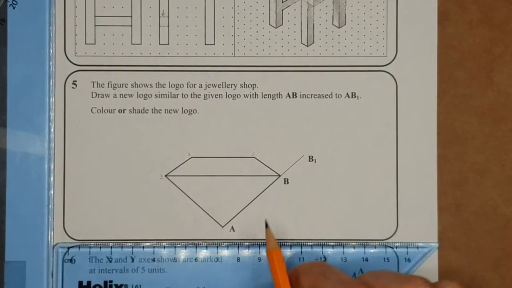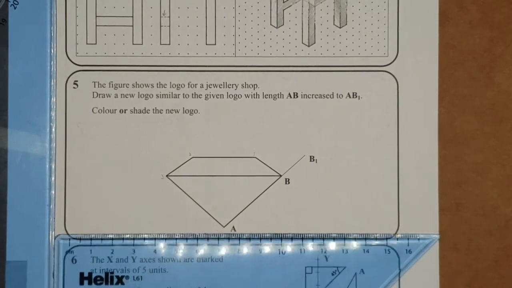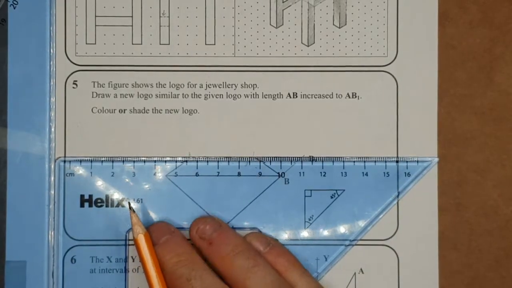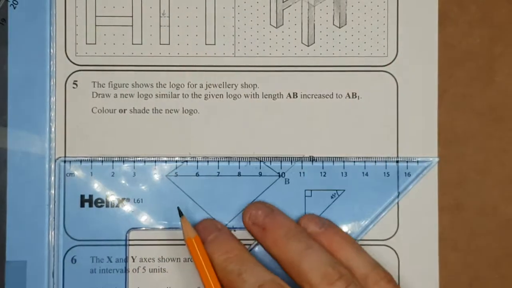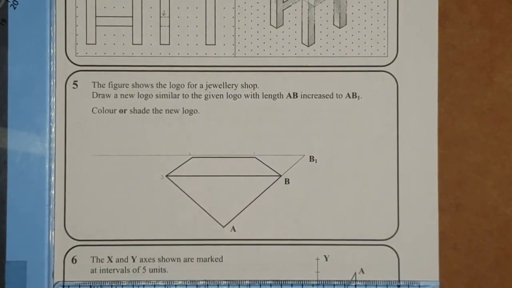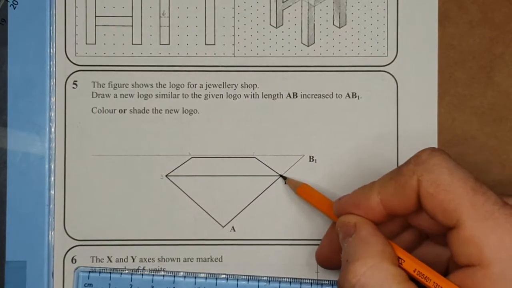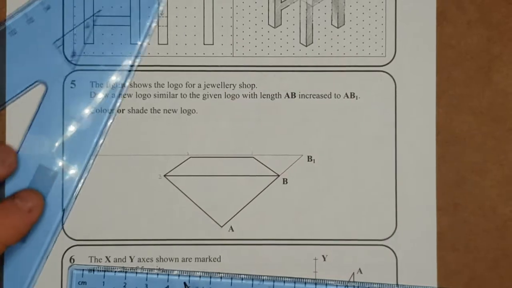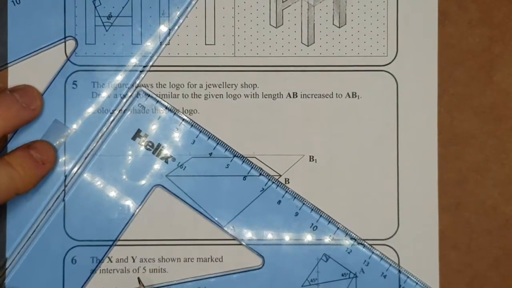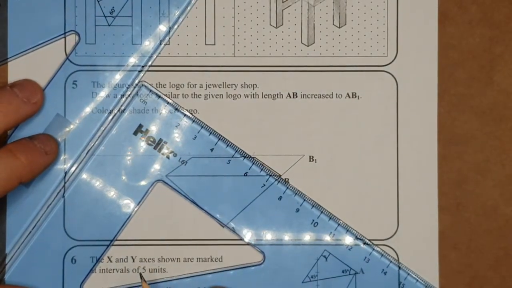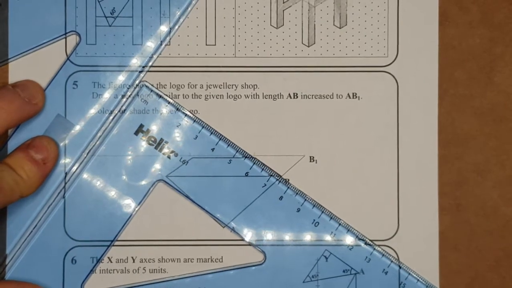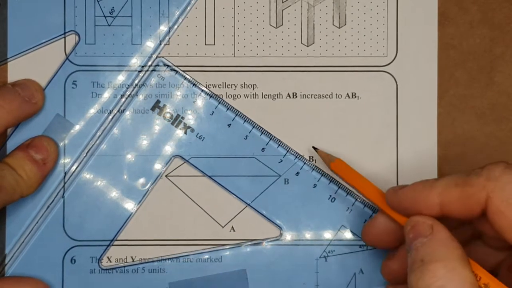So from the original point B across to point 3 was horizontal, and it's still going to be horizontal. Next, from B up to point 1 was at this specific angle, and using my sliding set squares I can set that same angle again.